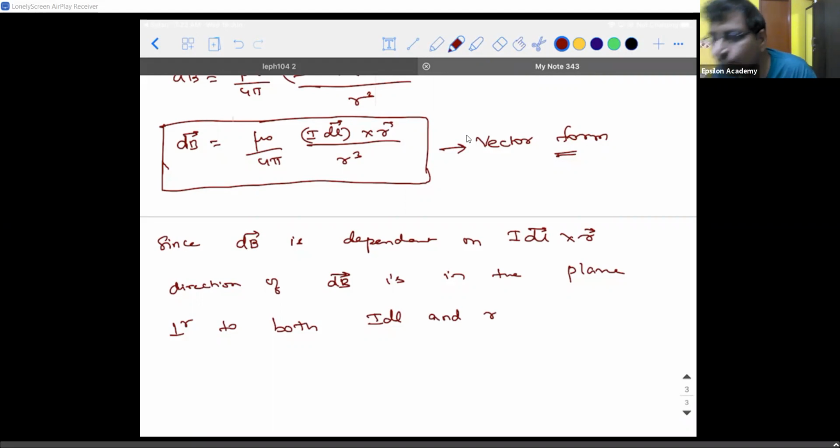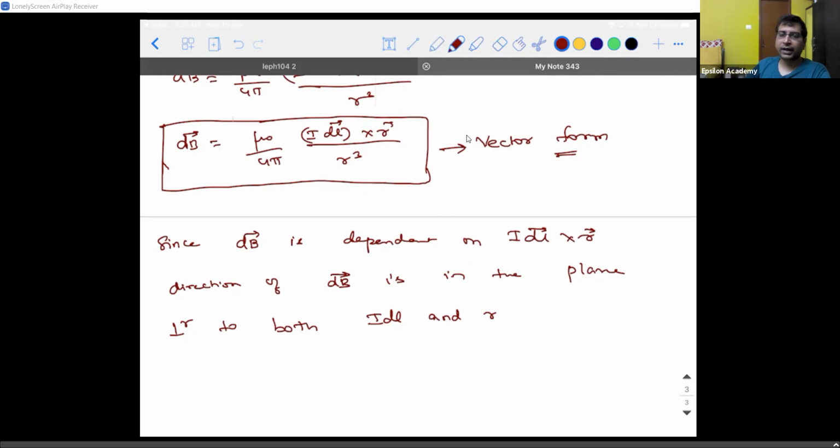Okay, having this point in mind, how are we going to find the direction of resultant due to a cross product? So if this is Idl and this is r, then Idl vector cross r vector is going to give you the direction of the resultant. Means you need to take your right hand and curl the fingers of your right hand from the first vector towards the second vector in the shortest direction possible.